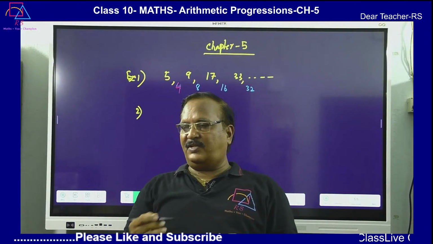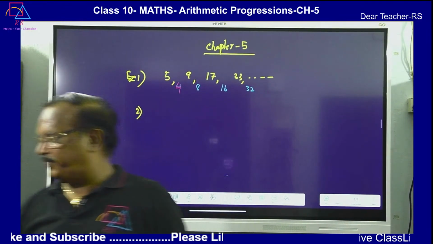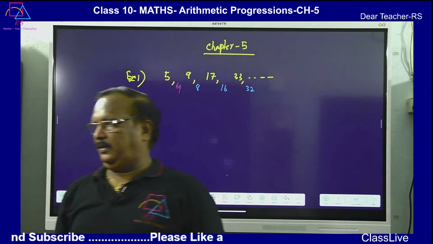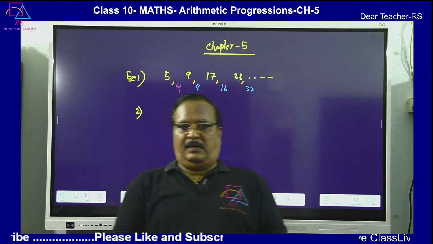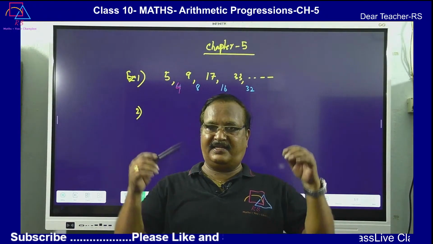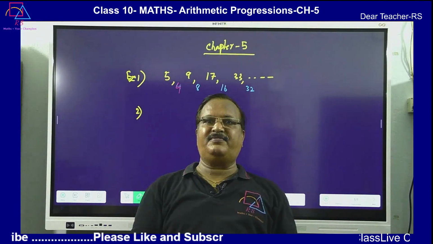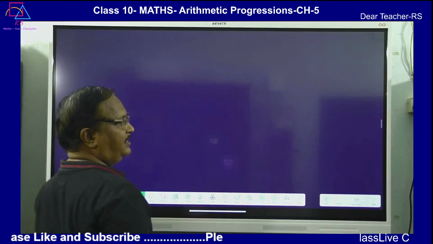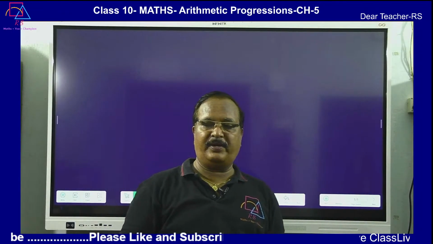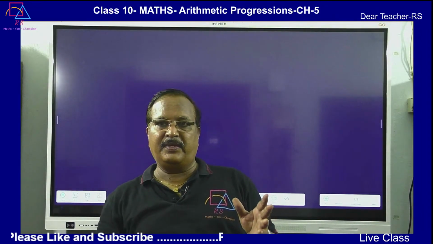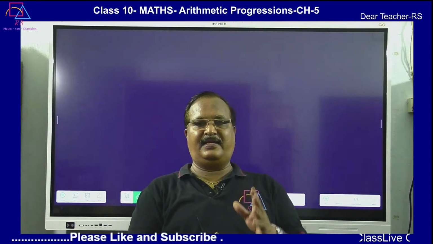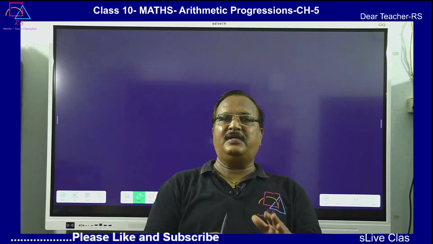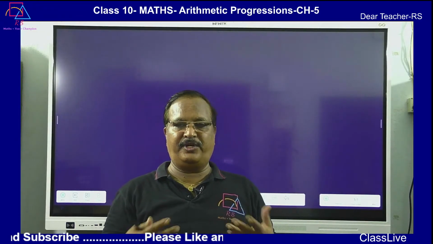From 6th class onwards you have been learning these progressions, like a sequence of numbers. Now, here we are going to learn a special sequence. This sequence we also call a progression.